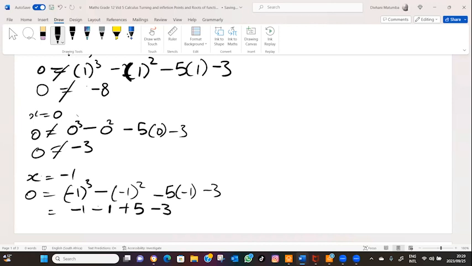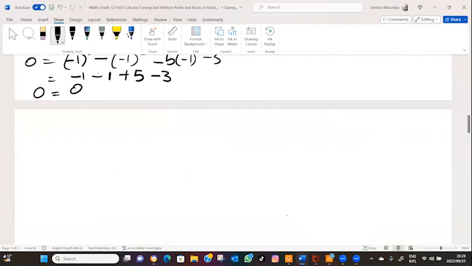Now, minus 1 minus 1 is minus 2. Then minus 2 plus 5 will be plus 3. Plus 3 minus 3 is equal to 0. Yay! We already have a root, which is x equals minus 1.